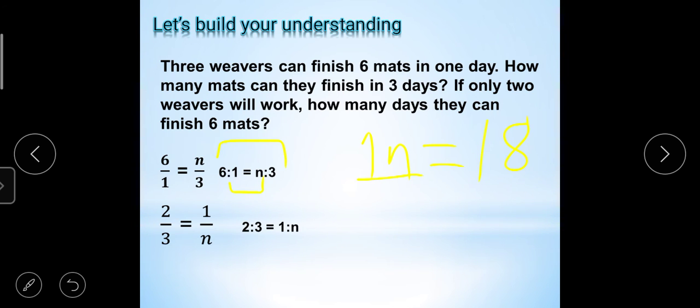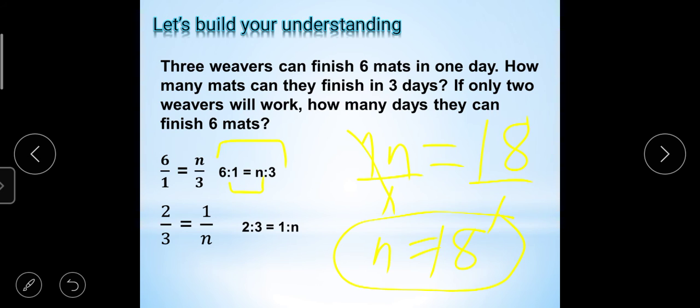If we are going to divide this by 1, syempre, 1 yung kasama nung n. So, kung ano po yung kasama ng n, doon po natin siya i-divide. So, we will get n equals 18. So, itong sagot natin, itong number 18, it is the answer for the first question, how many mats can they finish in 3 days?